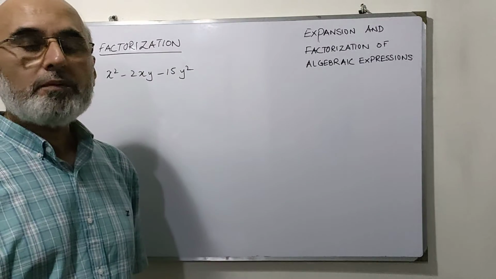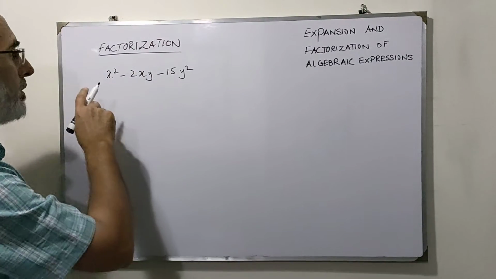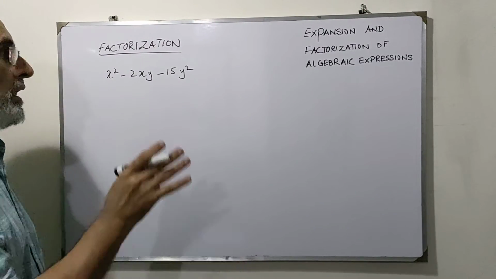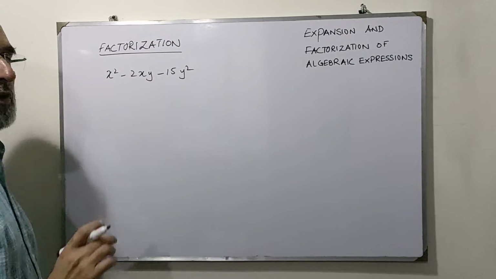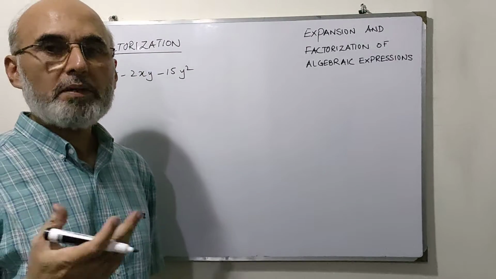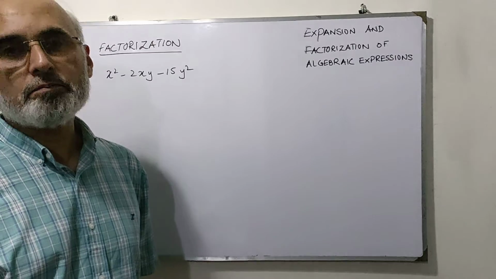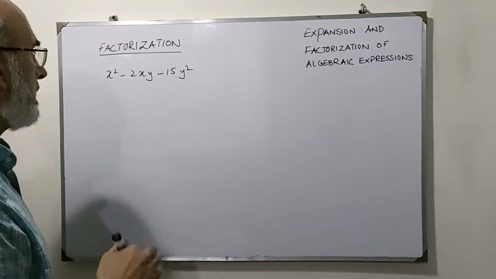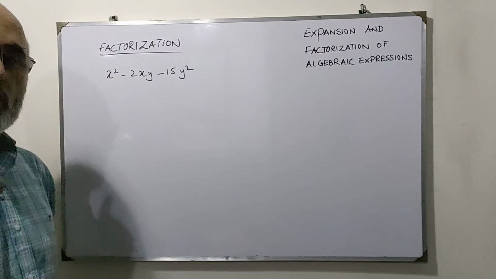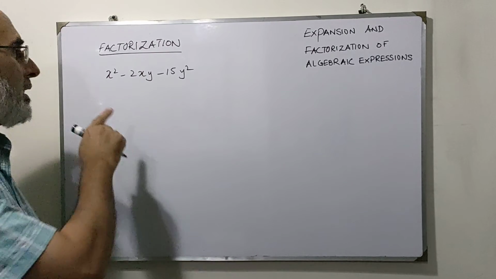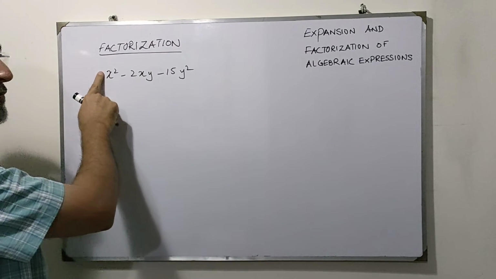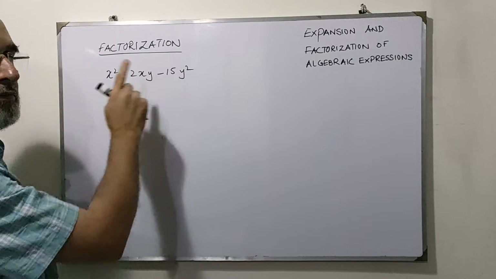If you remember, I told you that when we have to factorize, we call it midterm breaking, and for the midterm breaking we need factors. And for the factors, how to know what factors are suitable over here? The coefficient of this will be multiplied with the coefficient of this.